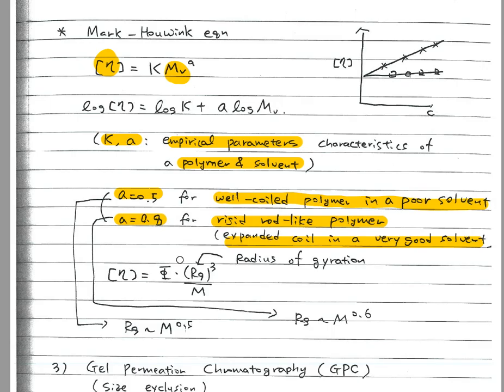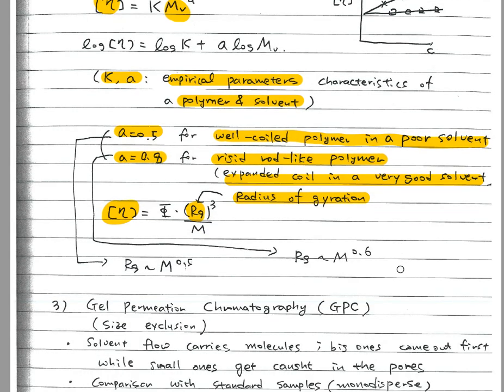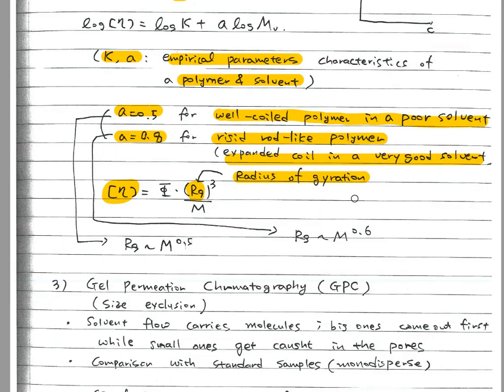There's also a relation between this eta and Rg, and Rg is called the radius of gyration. There are many different ways to determine the size of polymers, and one of the ways is called the radius of gyration, and we'll learn about this soon in lecture 5 or 6.